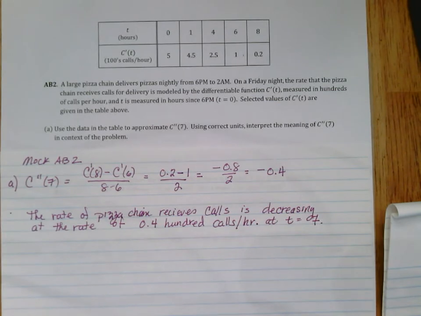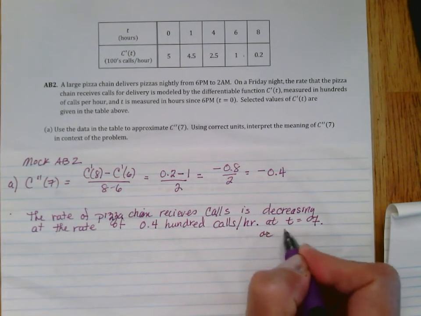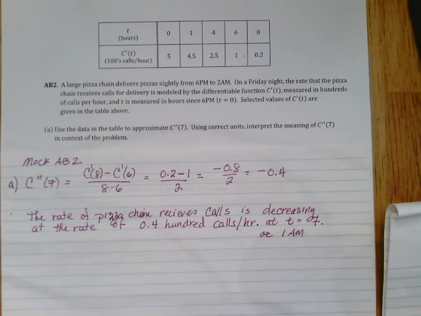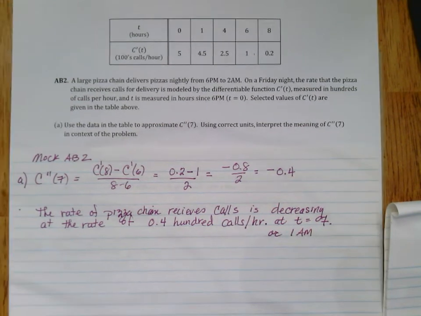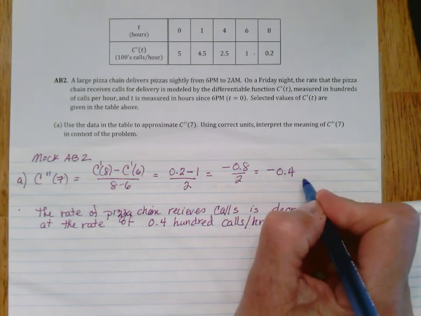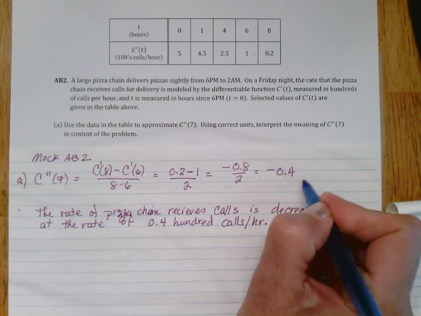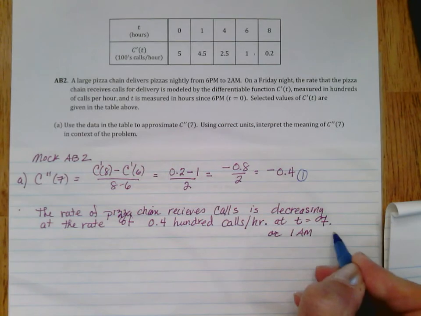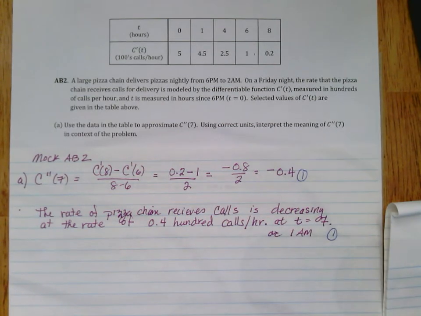Or you could put 1 a.m. Okay, points, you get 1 point for finding the approximation, and then 1 point for the interpretation.